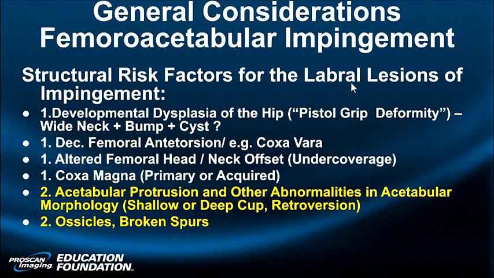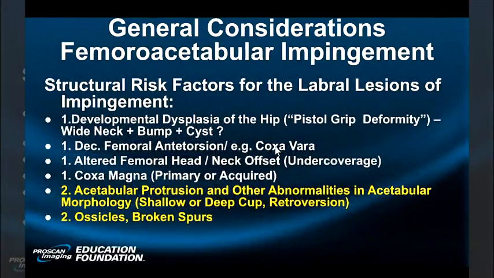Let's look at some other structural considerations for labral tears. Everybody knows about the bump and the cyst. Everybody knows about the pistol grip deformity, but not that many people know about coxa vara, in which you have more of a right angle configuration of the hip, something that looks like this, so-called femoral antitorsion.